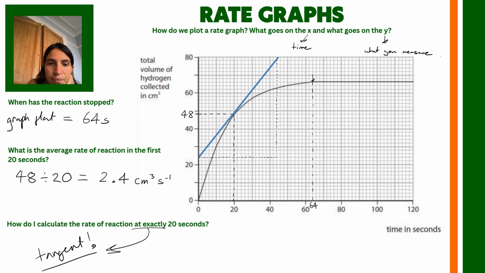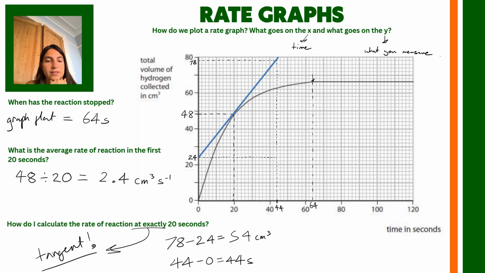So find 2 spots. I've got this triangle here, but I've drawn it onto 2 very clear spots on one of the grid lines, okay? 78 and 24, and 44 and 0 are my 2 different points there.